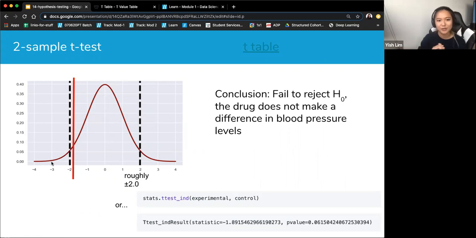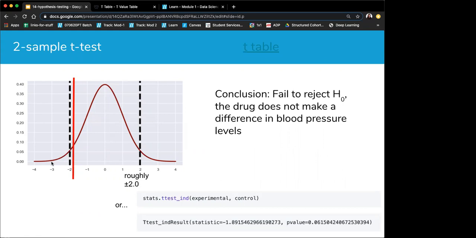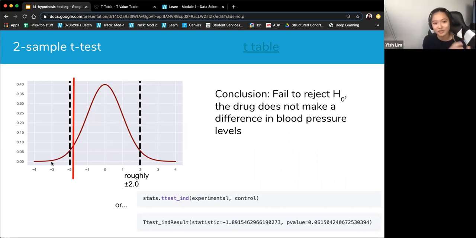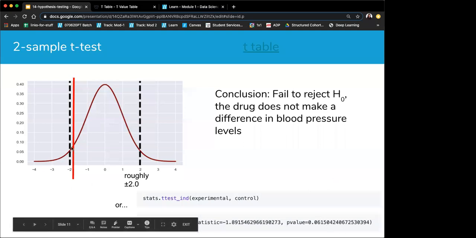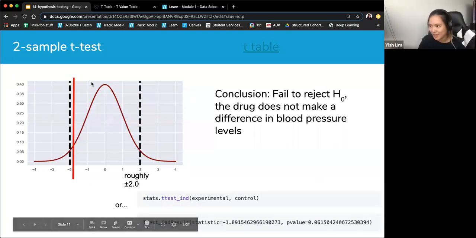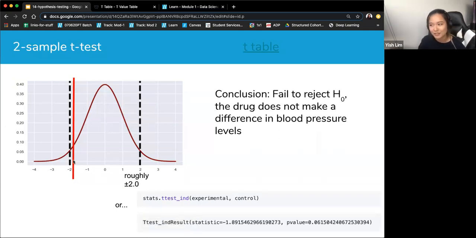So it could be that there's a tiny percentage chance that this drug just so happened to work so great for this sample. And so in that extreme case, there is a 6% chance that this t-statistic occurred randomly.